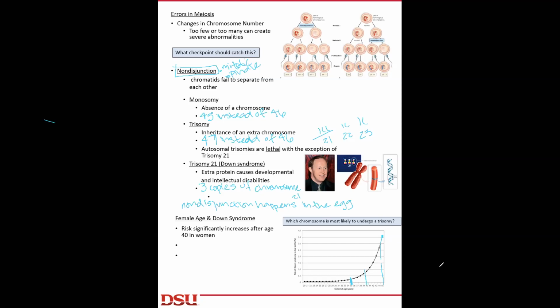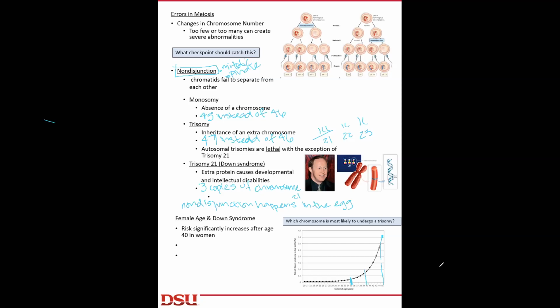Out of those friends, I've got one whose last daughter has Down syndrome, and the other never had that. Those odds didn't actually show up in their family. So you just never know.